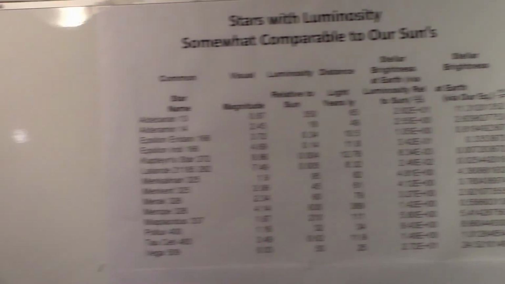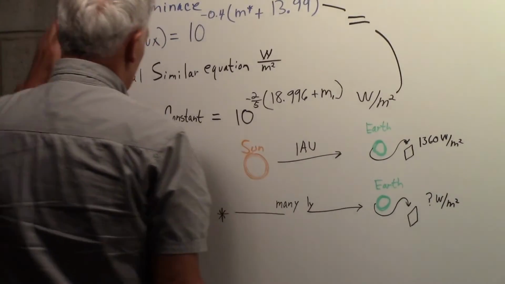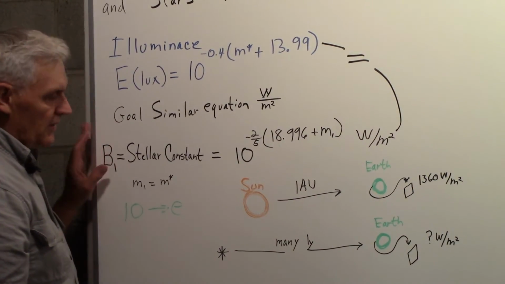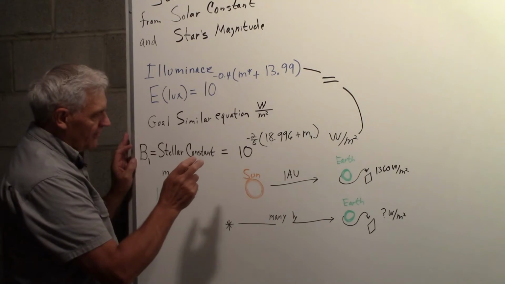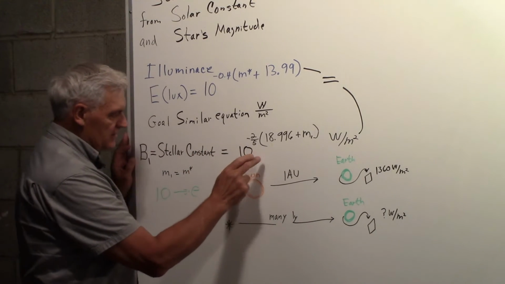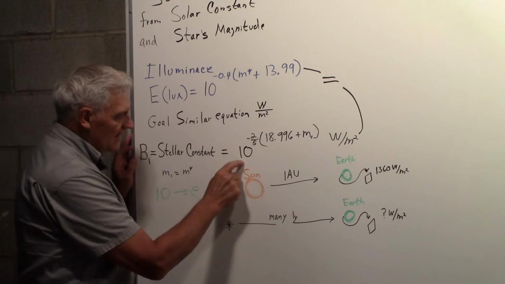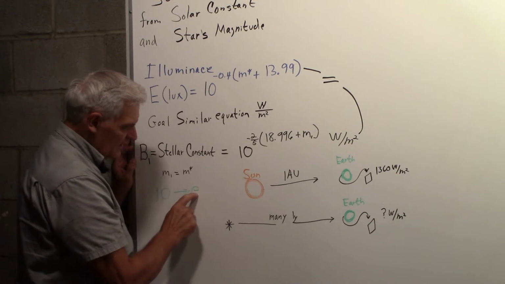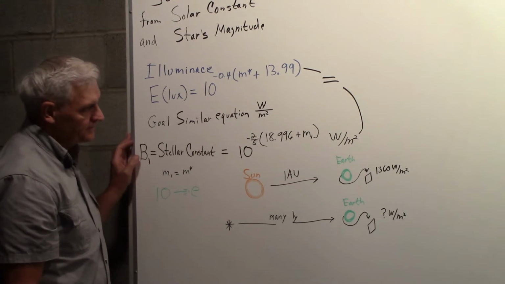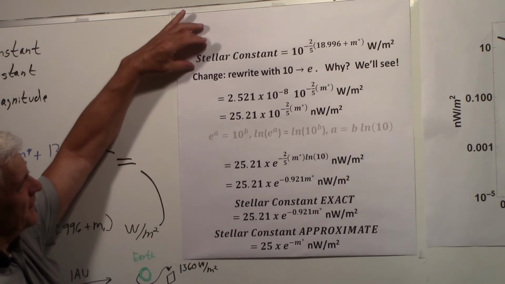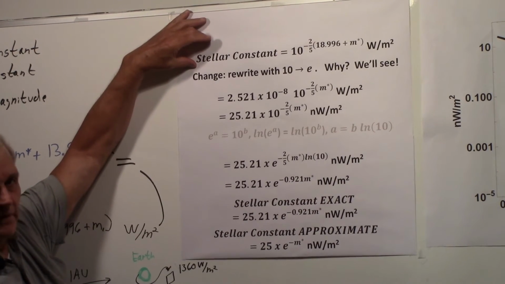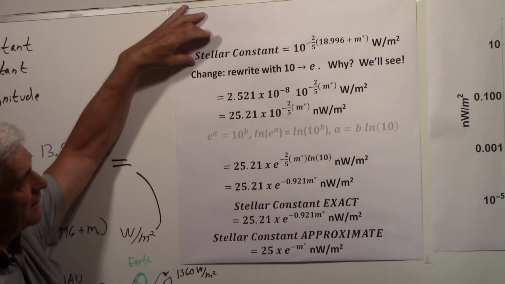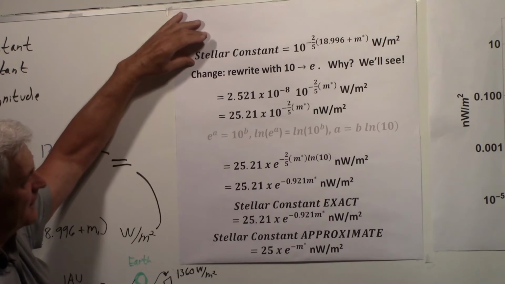So if we go back over here, we've done everything that we want to do, except we want to rewrite this equation, and instead of having 10 here, we want to do it with the exponent e. So here's the expression we came up with in watts per meter squared.